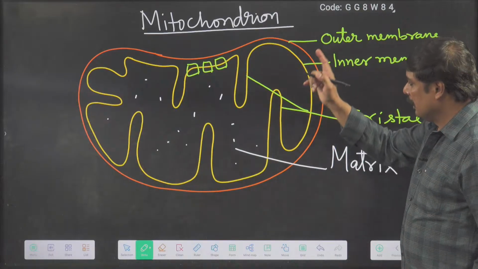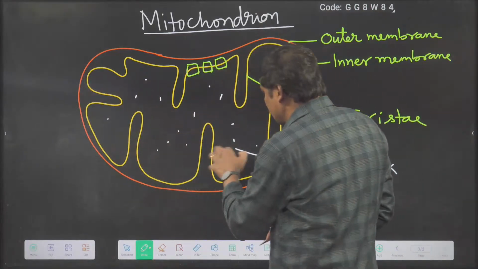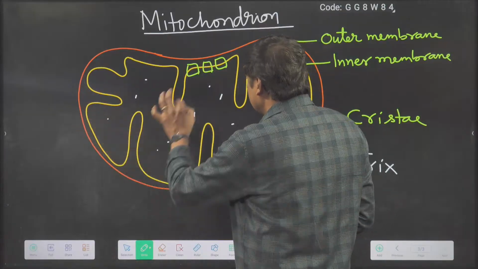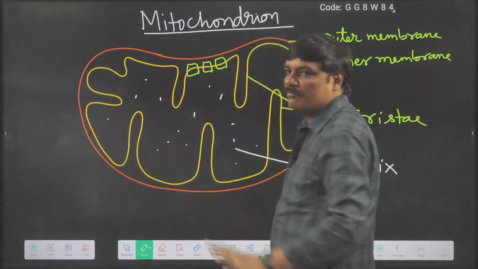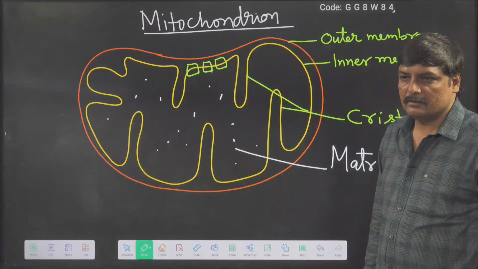So link reaction and Krebs cycle both take place in the matrix of mitochondria, but ETS takes place on the inner membrane of mitochondria. Hope you understand. Right.